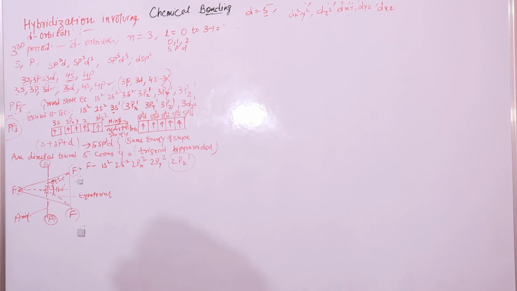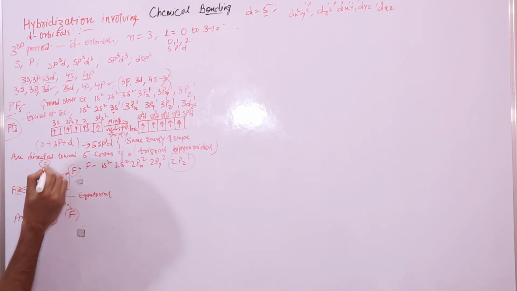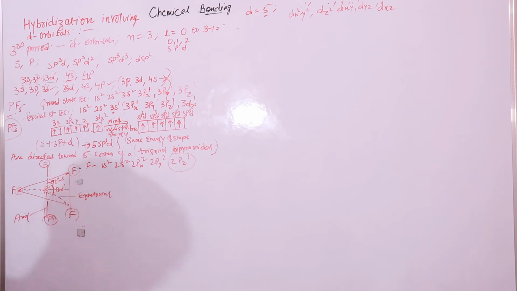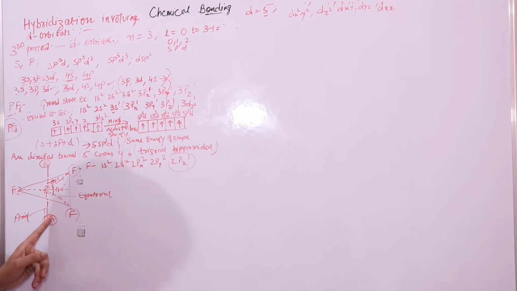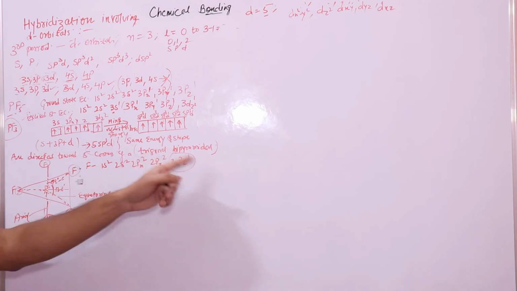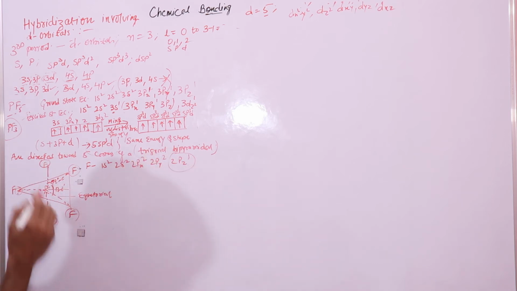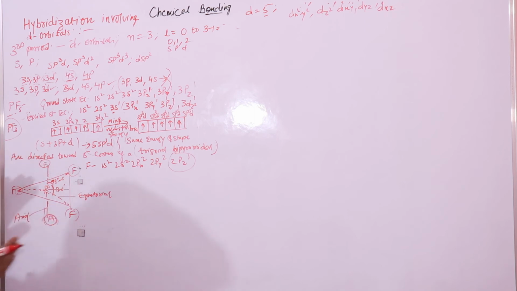And the other thing that you can see is, since the bond angles are different, right, the bond lengths, that is, the length of the axial bonds and the length of the equatorial bonds, are different, right? Since in this geometry these axial fluorine atoms will undergo maximum repulsion, right? So when they undergo maximum repulsion, they will occupy these corners of the trigonal bipyramid, right? So they are repelled to a larger distance.